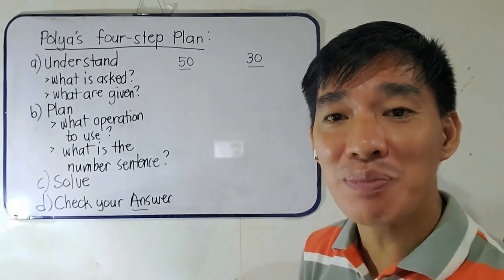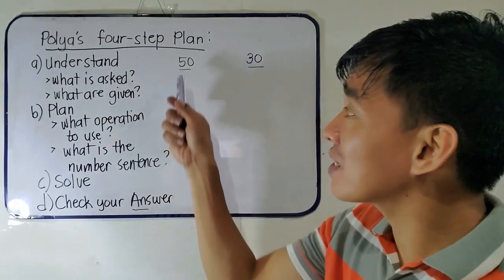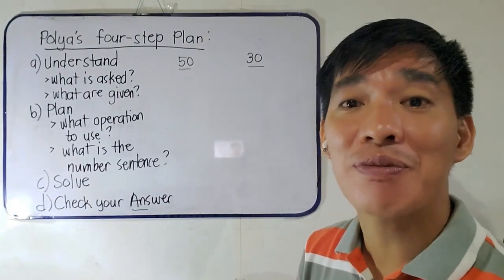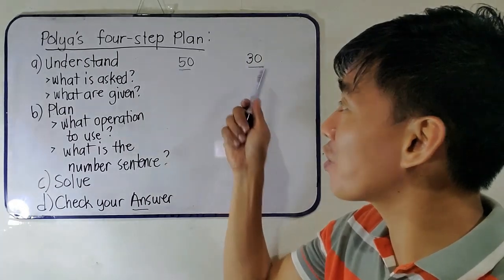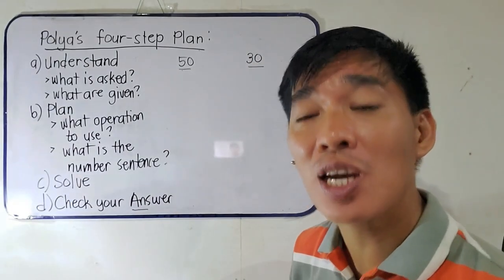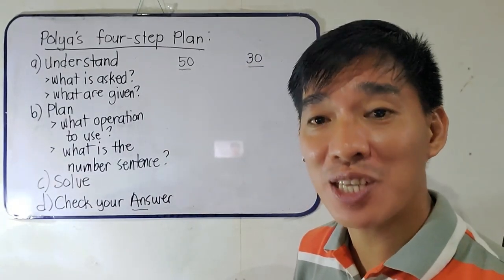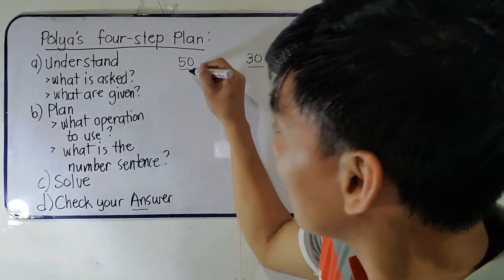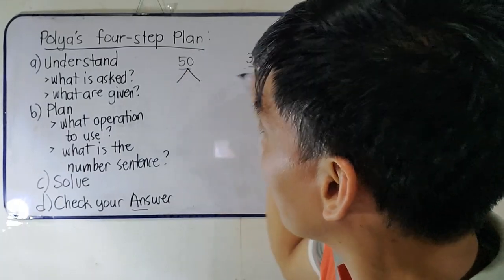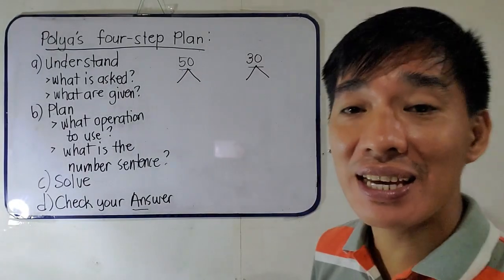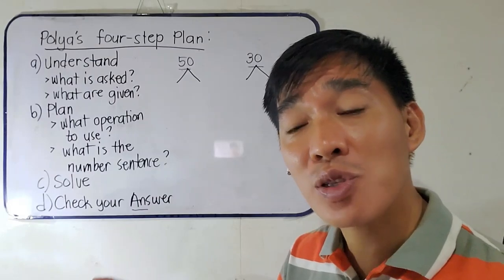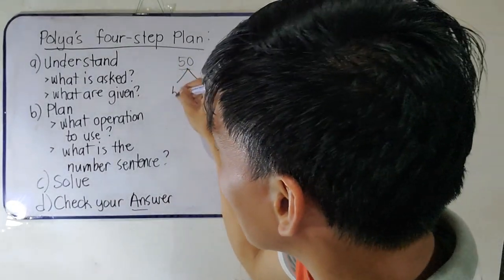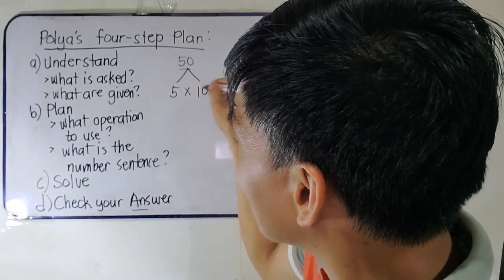Method number 1 is by using the factor tree. Because the given are 50 and 30, you have to get the factors of 50 and 30 to get their common factors. So one of the methods that we will be using is the factor tree. It simply means that 50 and 30 will be divided into other two factors. For example, obviously, this is divisible by 10, so that is 5 times 10.